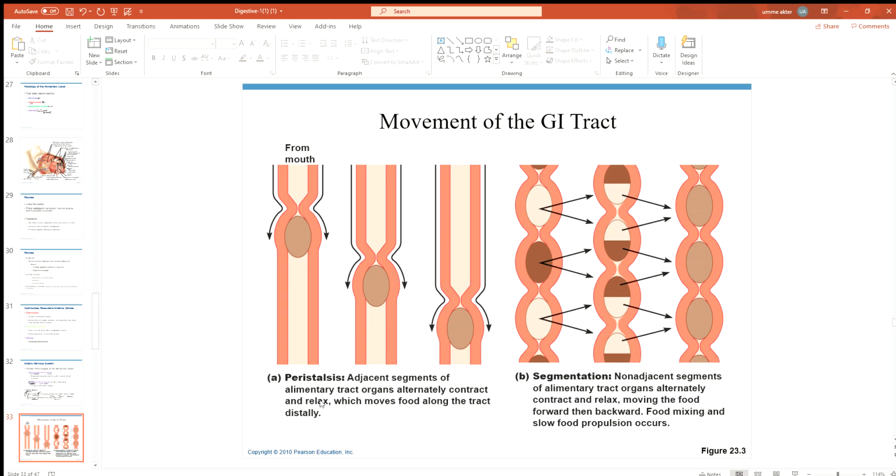Movement of the GI tract, three types of movements occur in the GI tract. One is called peristalsis. Wave-like movement goes one after another. So that is one. And another is called segmentation.